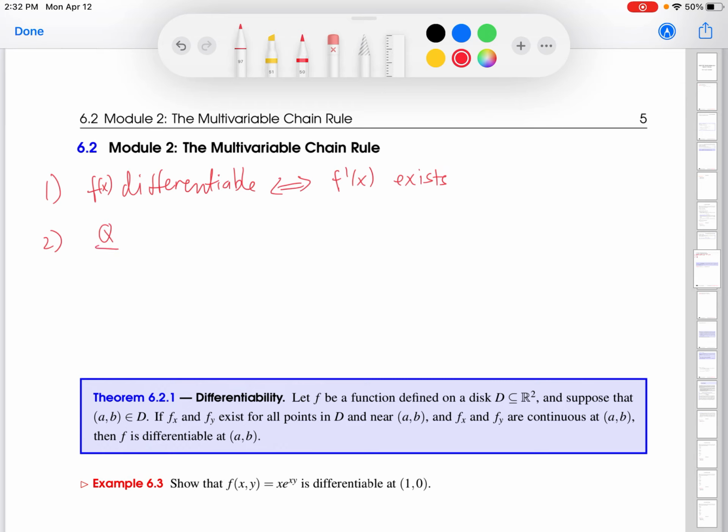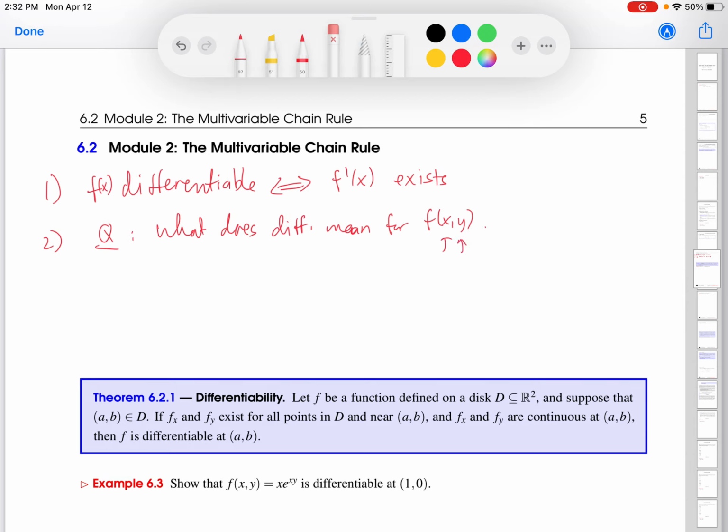The question that concerns us at the moment is, what does differentiability mean for a multivariable function like f of x, y? And it's not an easy question to answer because now we have two variables that can change.